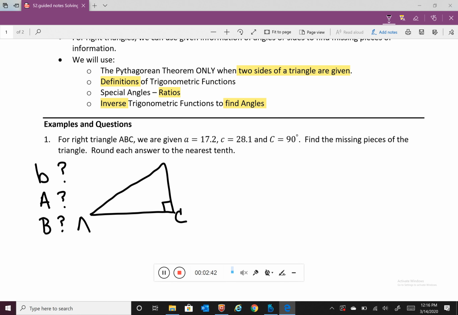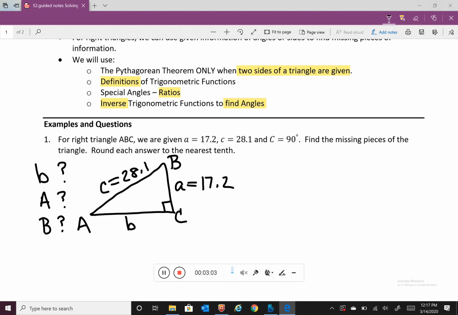We do not know what angle A is, but we know that side a is 17.2. We do not know what angle B is, nor do we know side b. We know angle C is 90 degrees, and we know the hypotenuse is 28.1.